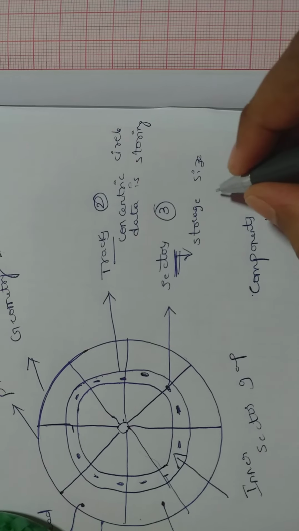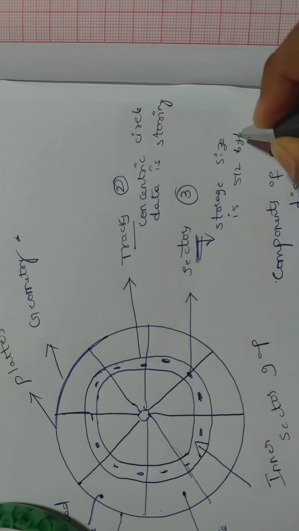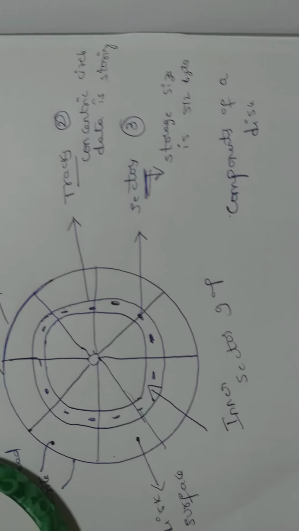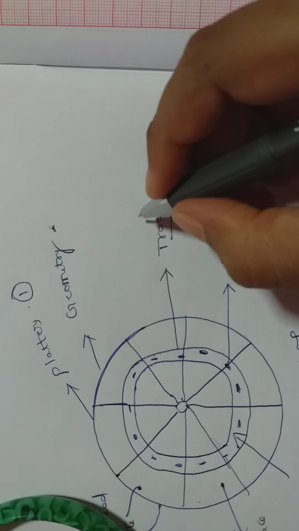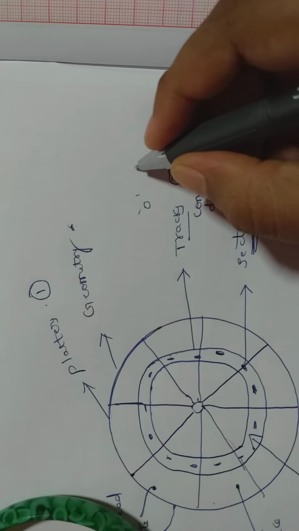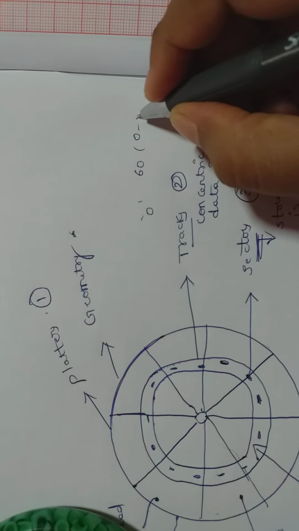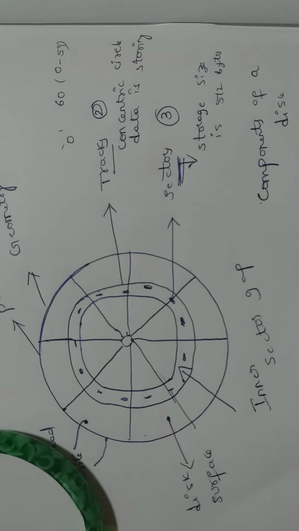Sector storage size is 512 bytes. One more point: a track always begins with 0. For example, if we have 60, they are numbered 0 to 59.